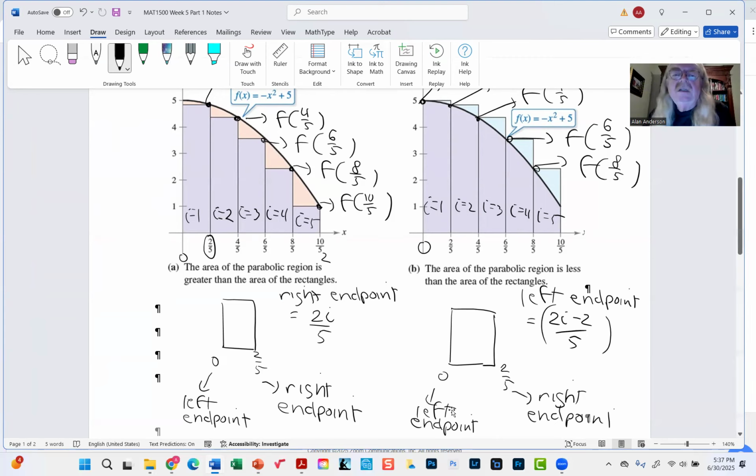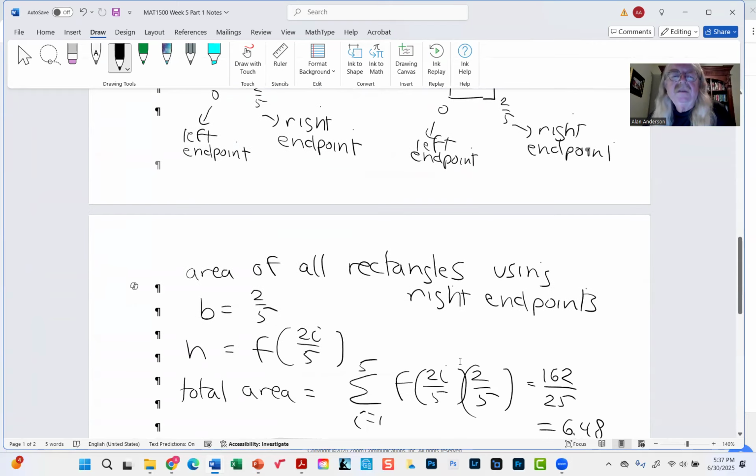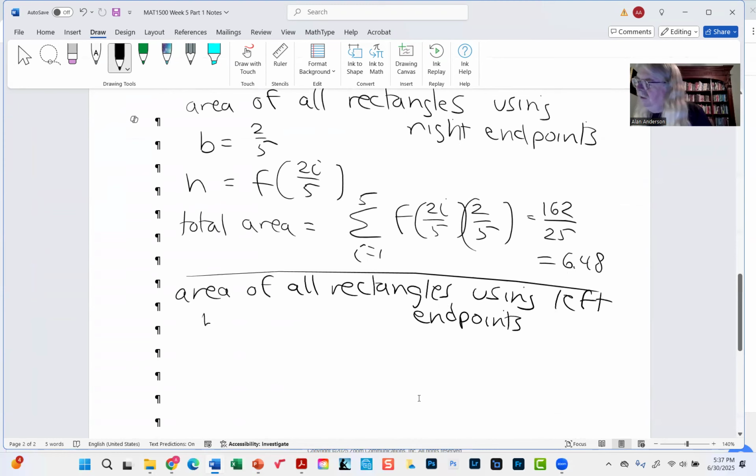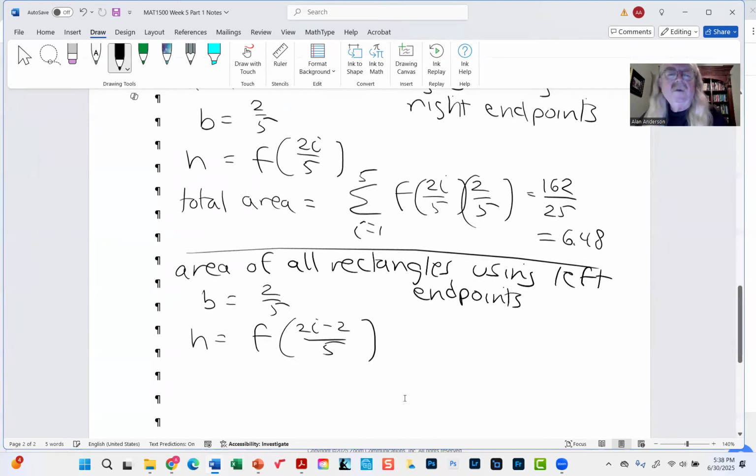So now, when we calculate the sum of all of those rectangles, the base hasn't changed. So we add them up.